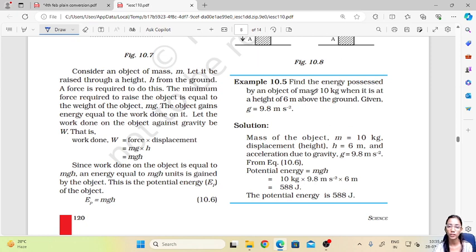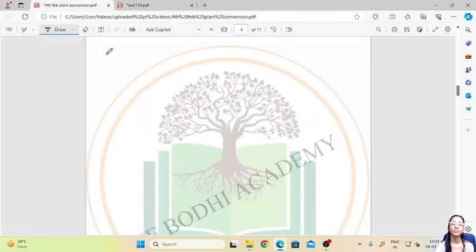Find the energy possessed by the object of mass 10 kg when it is raised at a height of 6 meter above the ground. Okay, so mass is 10 kg, height is given as 6 meter, and g is 9.8.